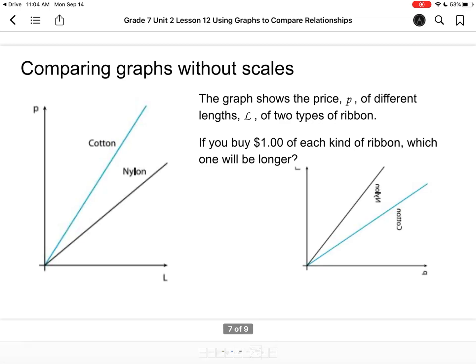So if I redrew my diagram, where length was on the y-axis and price was on the x-axis, now I can see that the nylon is the steeper line here, and I can see that the price for the nylon is less than the price for the cotton. So then you get more nylon for your dollar. You get less cotton. This is cotton.